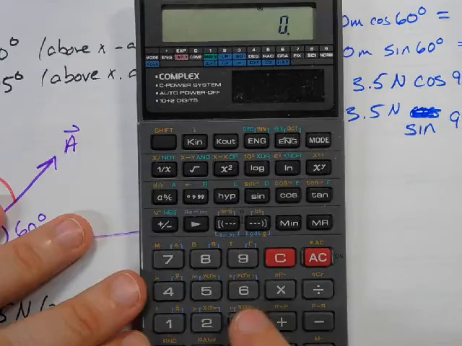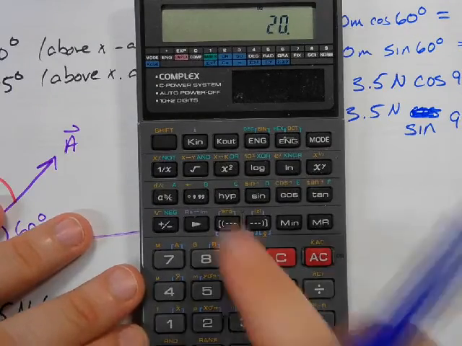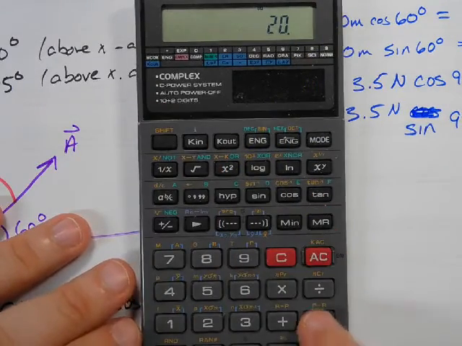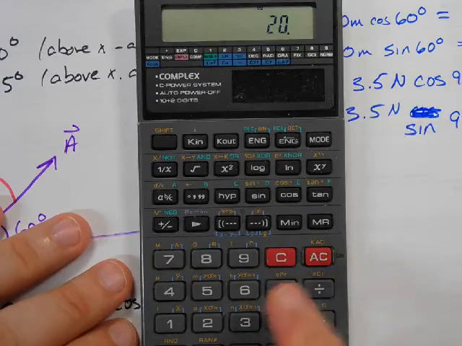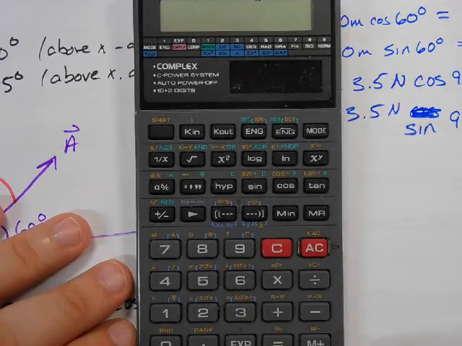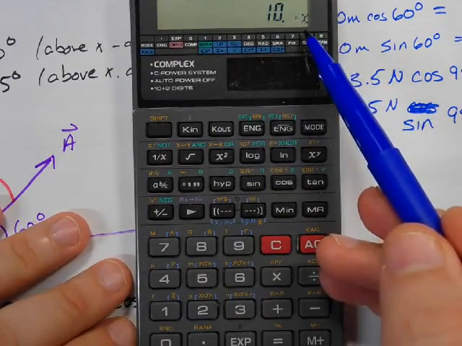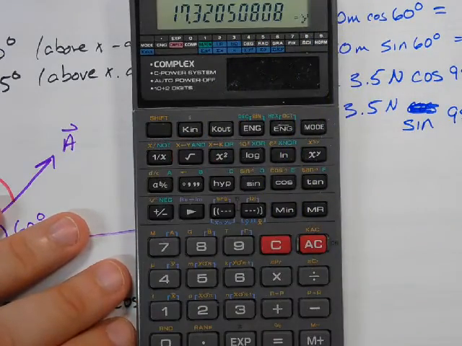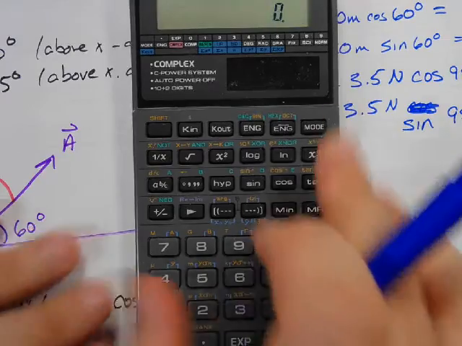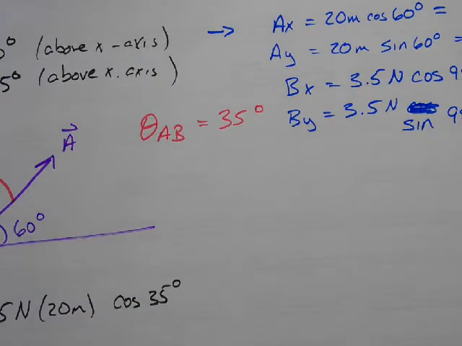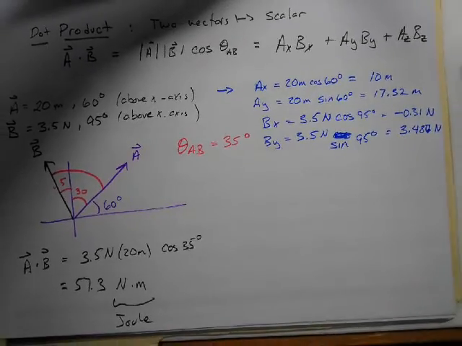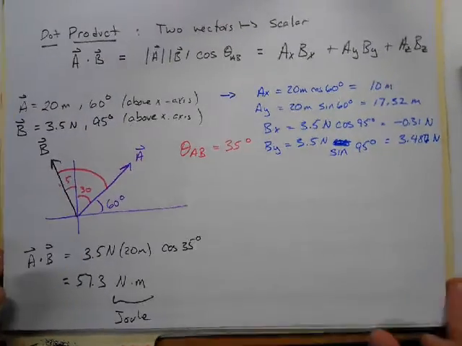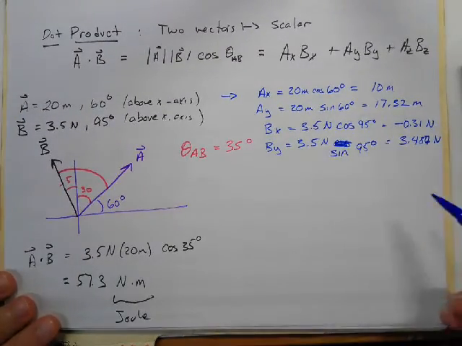So what I did was, say 20, and then I'm going to convert to rectangular, and then I put in my angle, it's 60. And that gives me the x part, and then my calculator will give me the y part. So on your calculators, on the TI-83s that everyone uses, there is a function that does that, and it doesn't hurt to know how to use it. But it doesn't hurt to also know that this is what you're doing.